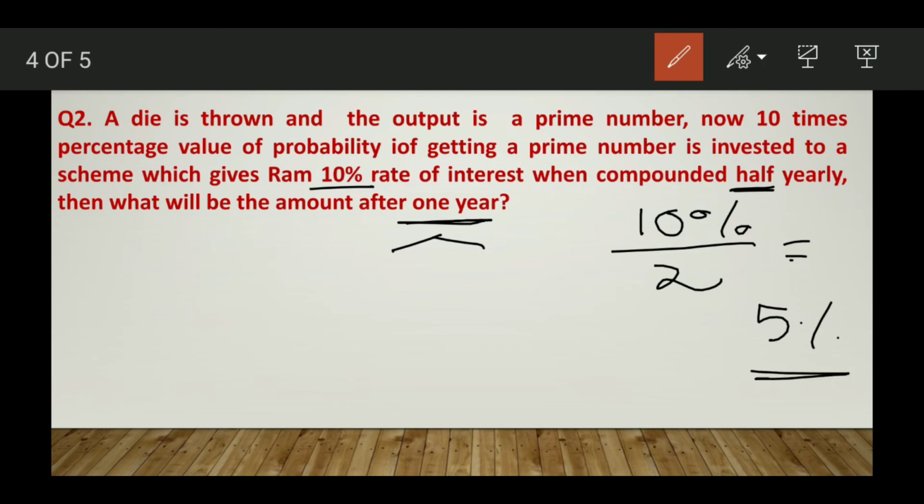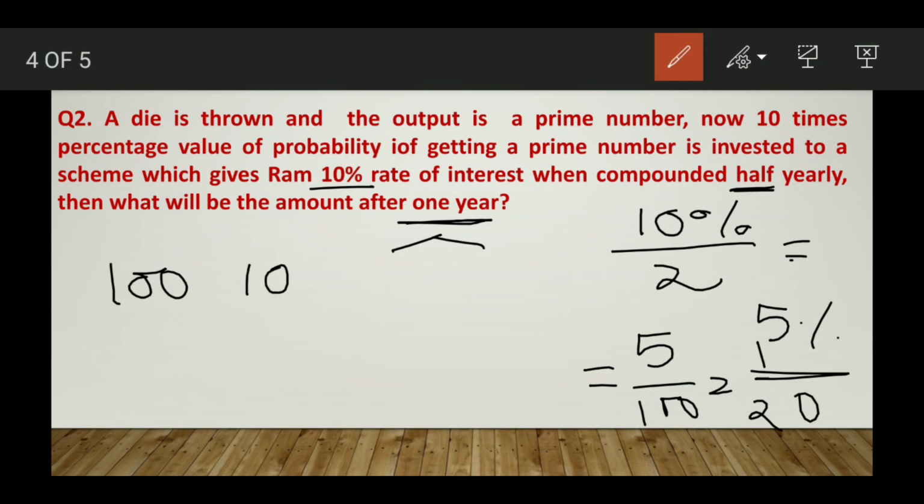With 5% interest rate we have to find the compound interest for 2 cycles. Now this 5% interest can be written as 5 over 100 or 1 by 20. The concept of compound interest is that, suppose 100 is our principal, and since interest is 5%, after 1 cycle we will be getting 105.